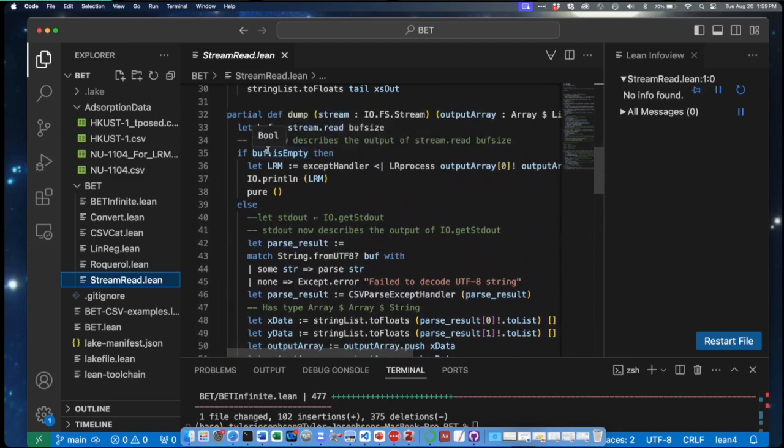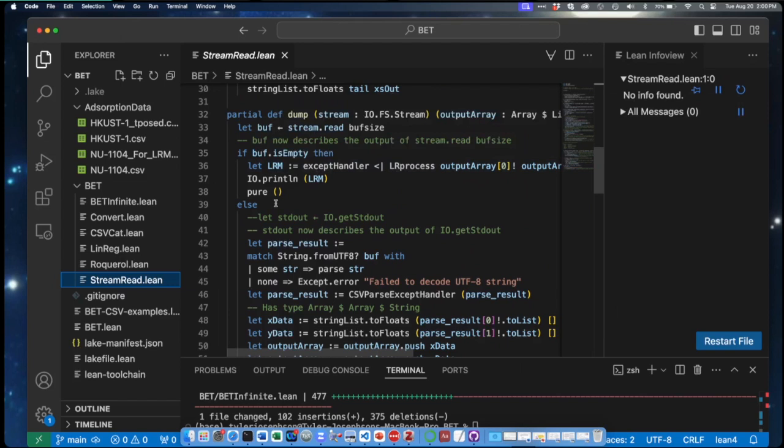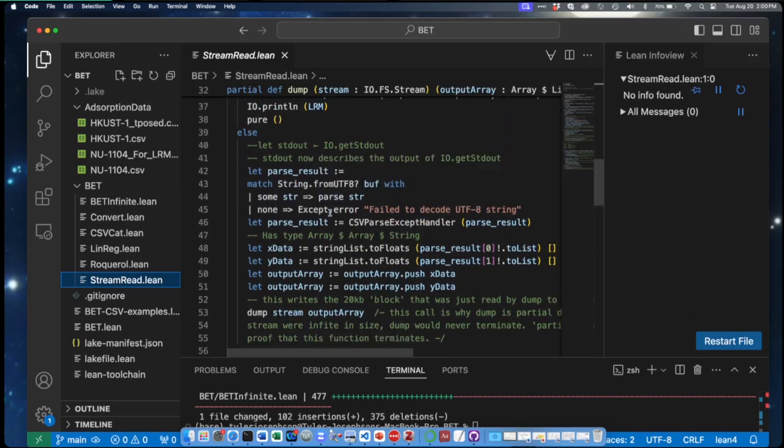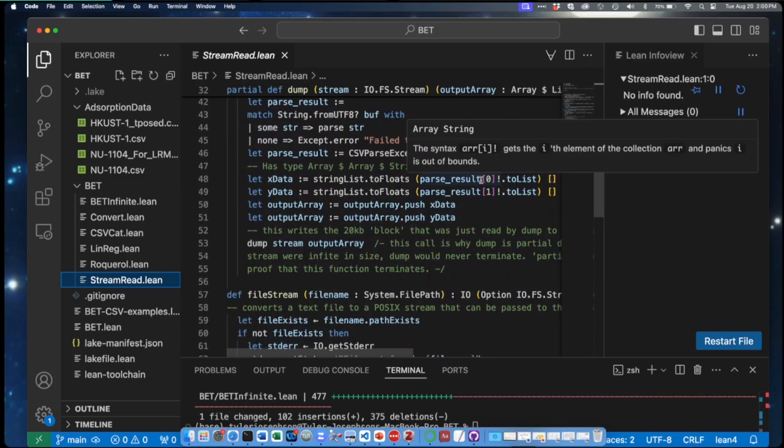If the buffer is empty, we will call LRM process. If the buffer is not empty, instead it has something, so we will call parse. And parse gets called and is going to parse out the first element in the array.